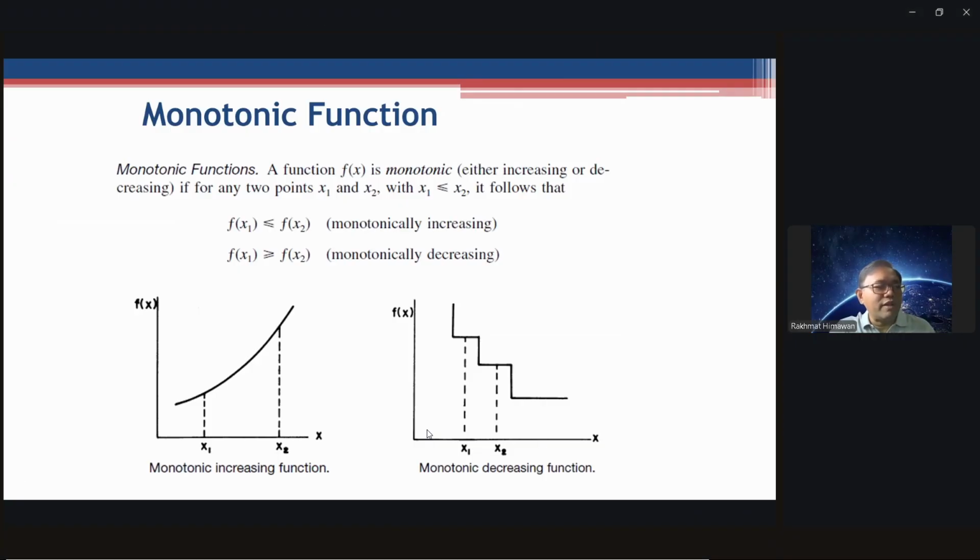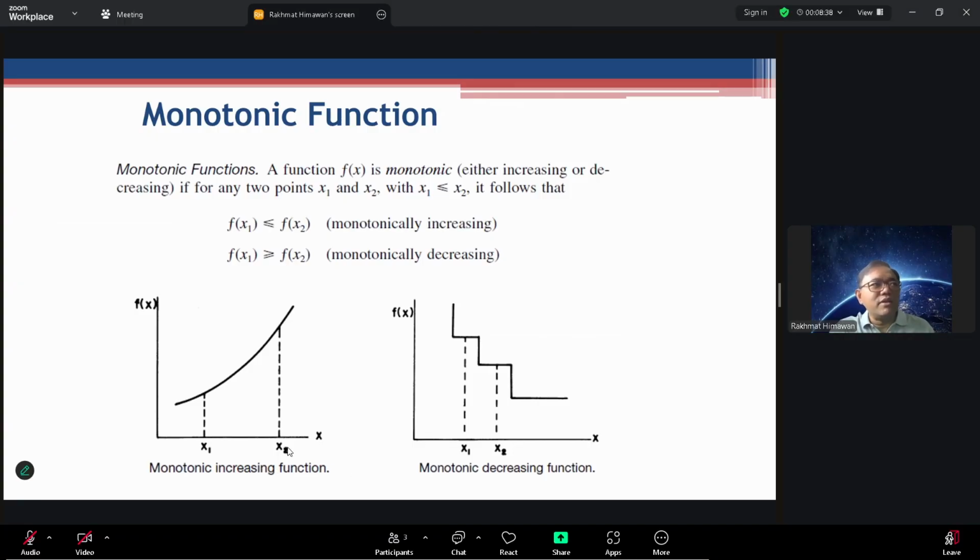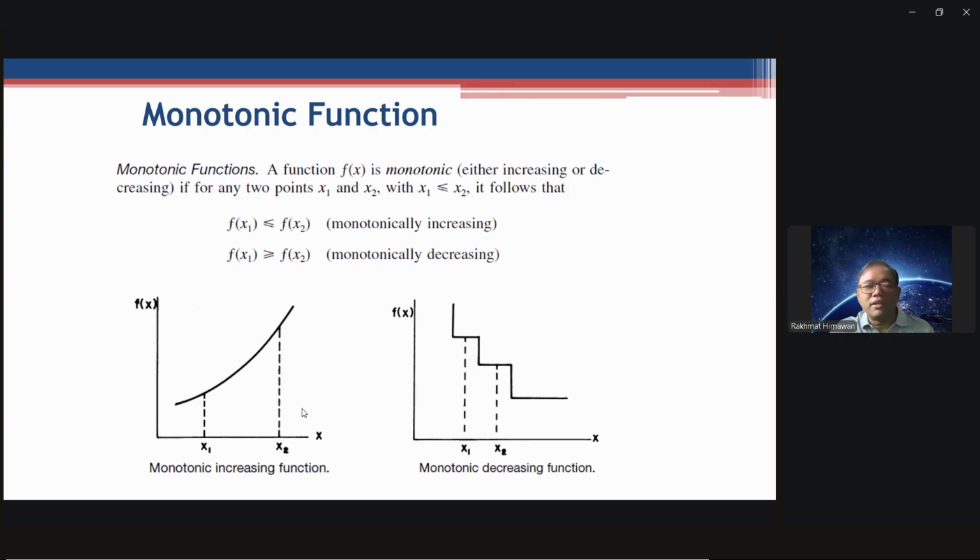A function f(x) is said to be monotonic, either increasing or decreasing, if for any two points x1 and x2, with x1 less than or equal to x2, it follows like this. If f(x1) is less than f(x2), it is said to be monotonically increasing, while if f(x1) is greater than f(x2), it is said to be monotonically decreasing.